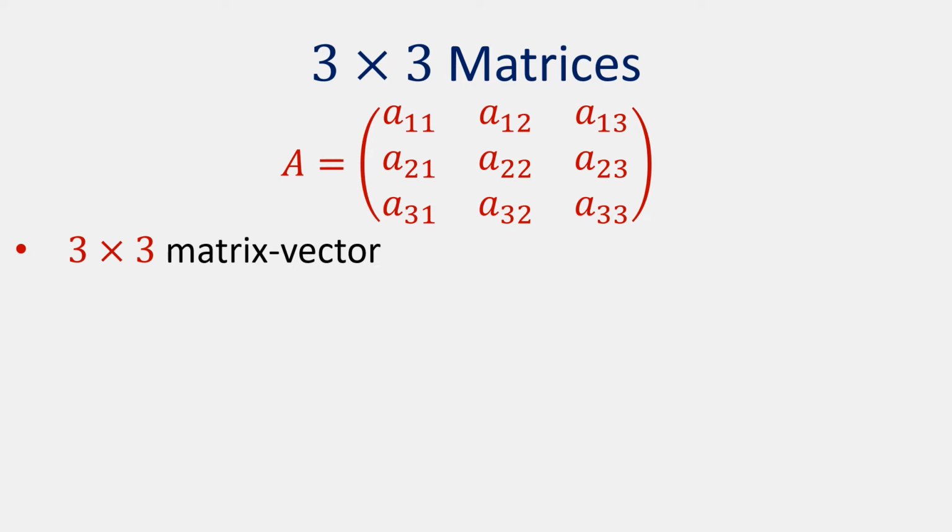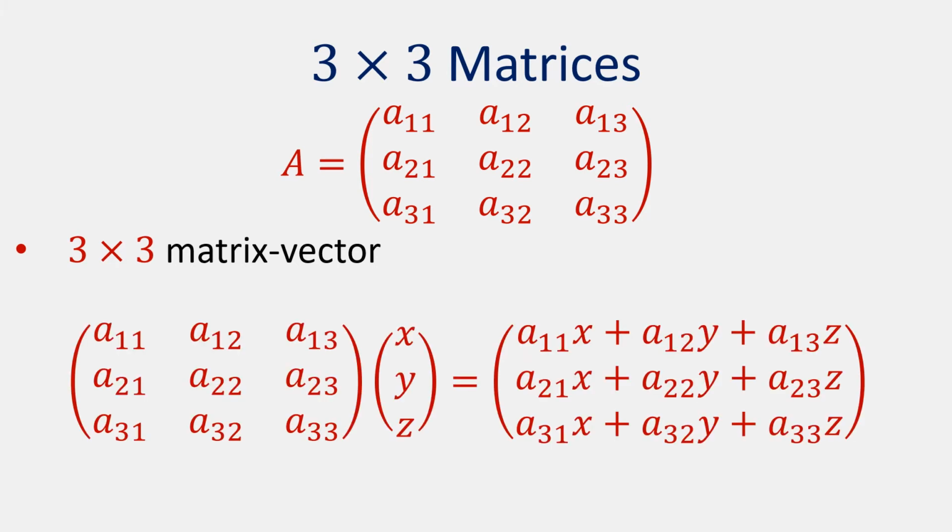For matrix vector multiplication, if we're dealing with a 3 by 3 matrix, it's a similar sort of process. We multiply corresponding entries in each row by going through the entries in each column.